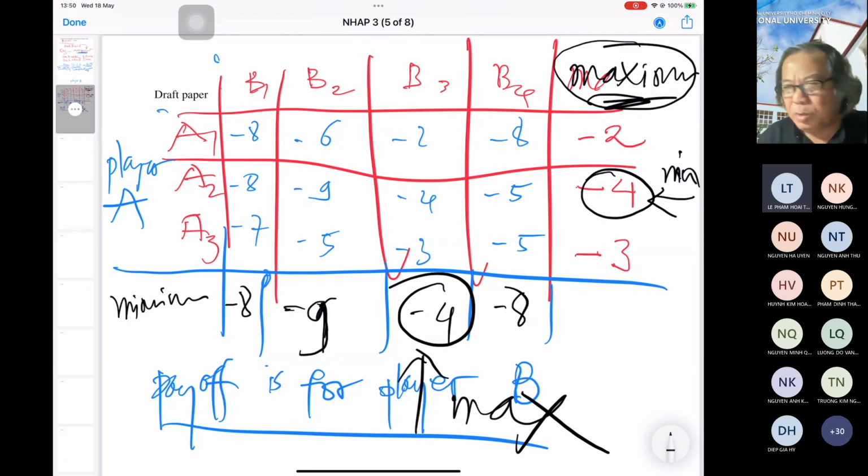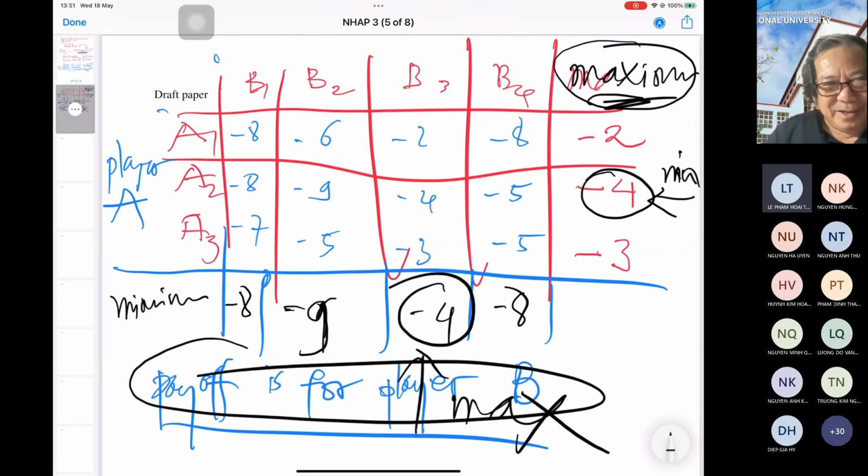So based on this, you can work with the game where the payoff is for A or for B. It's okay. I see some of you do not understand like this, but it's still intelligent. Because here is a payoff for player B, you don't know how to work on it, and some of the students change it to payoff for A. You change the payoff for A by changing all the signs from minus to plus, from plus to minus.